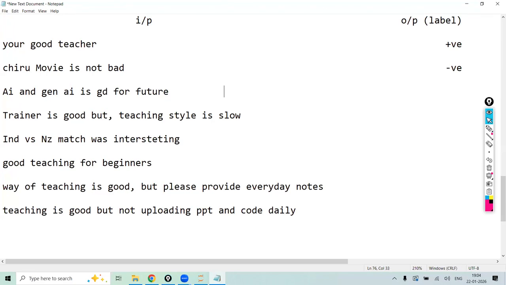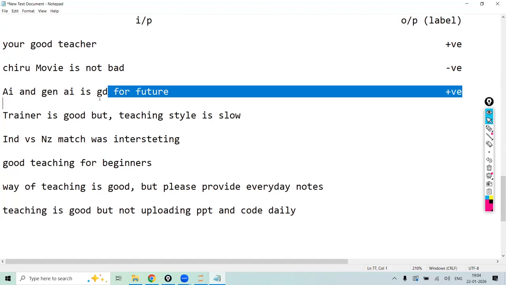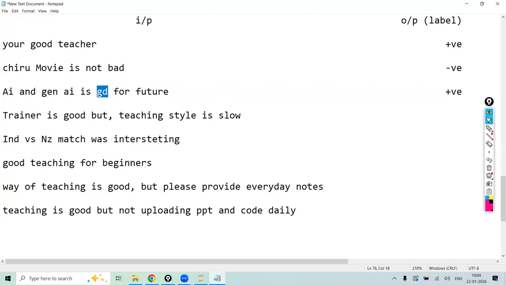Assume that GD is basically good for us. But how will the machine understand? I'll show you. This is all important. Shanti has given some new word for us here, and that type of words is important for us to understand. Training is this one. And here that style is slow.